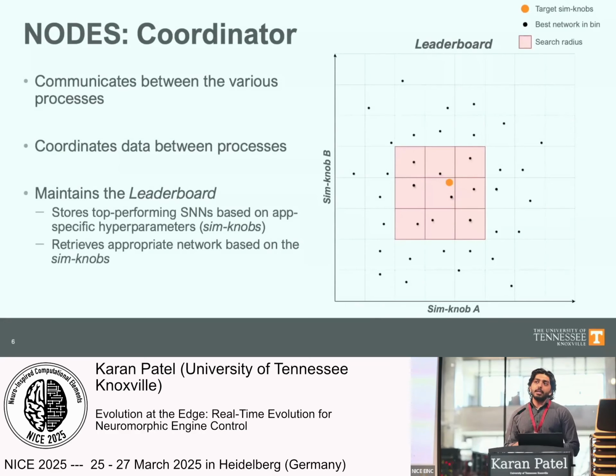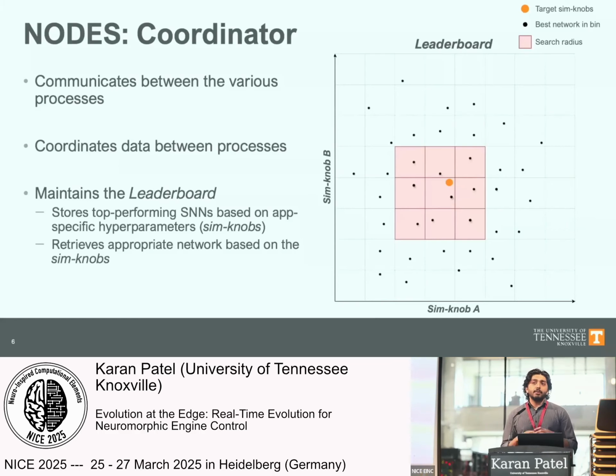For example, certain combinations of sim knobs can represent changes in weather, changes in forces, sensor readings, and other factors that can impact the target application. The leaderboard can then retrieve and deploy these networks based on these sim knobs, which allows the system to adapt to environmental changes by pulling from a list of networks trained on different scenarios.